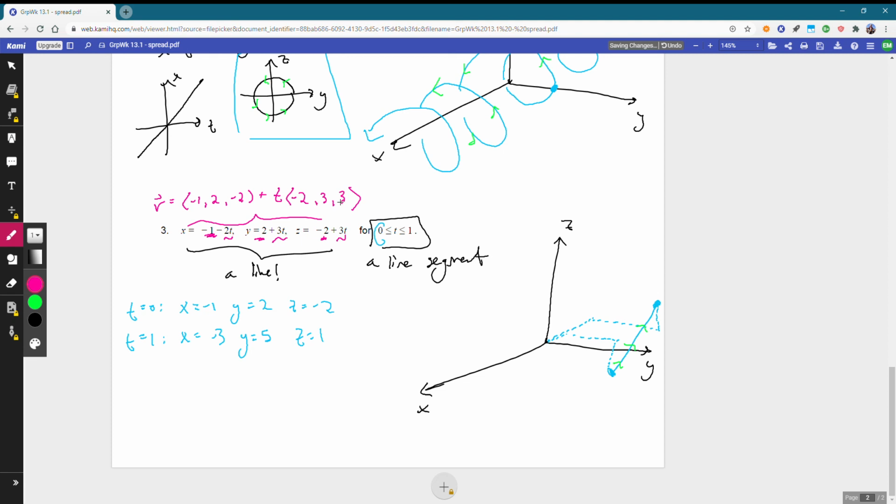And so here we can see that this line has its special point picked out as -1, 2, -2. And notice that's the point that we started at when t equals 0. Then we stretch out by scaling this vector. At t equals 1, we'll have added one of those vectors. And actually, if we added a little arrow tip there, that would be our vector -2, 3, 3. That lands us at this point that we get when t equals 1.